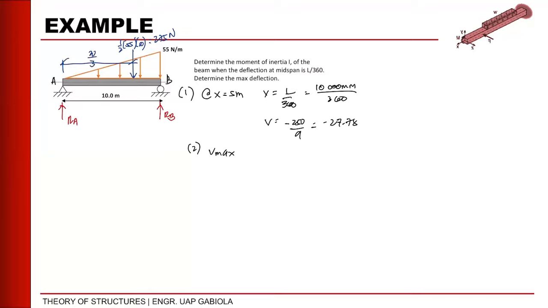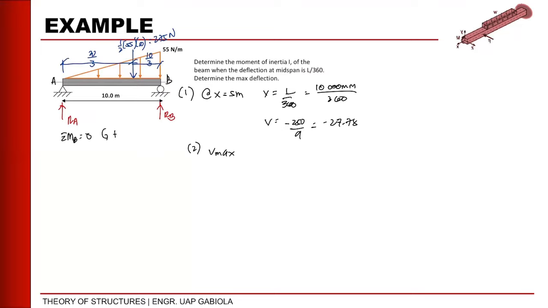Okay? So performing our summation of moment, let's do it at B so we get RA right away, because that's what we need. The distance is 1/3 of our length, which is 10, so that is 10 over 3. So summation of moment at B equals 0, taking counterclockwise as positive.